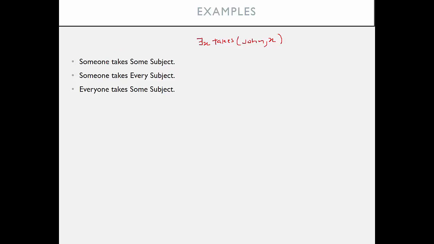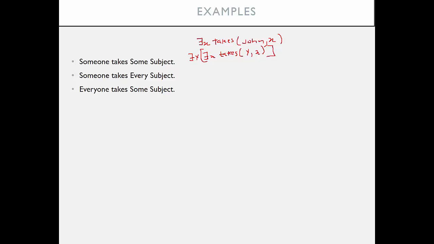But here someone takes some subject, which means there is at least one person who takes some subject. So outside this also we will have an existential quantifier. We'll represent this with y and x, so this will become like this.